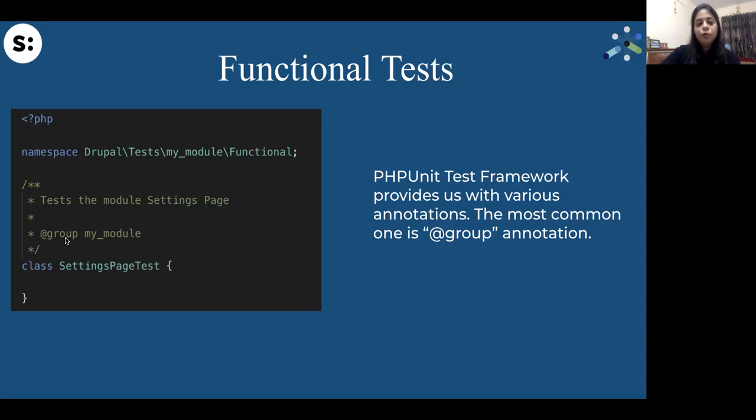We do not need to run each test case separately. There are various other annotations provided by the PHPUnit test framework. You can refer to their official documentation to know what other annotations are provided and where they can be helpful while you write your automated tests.